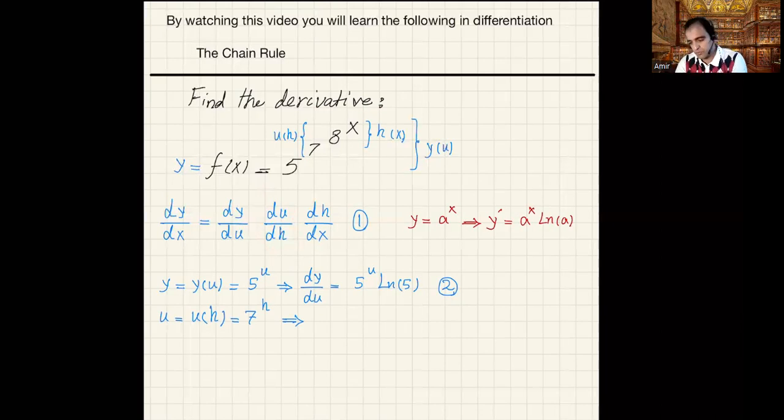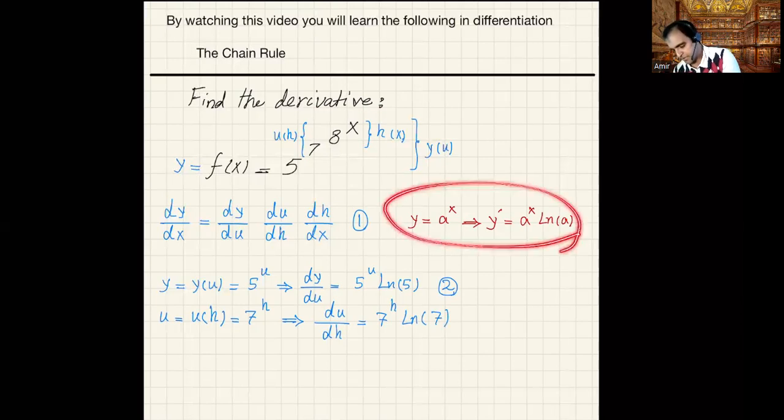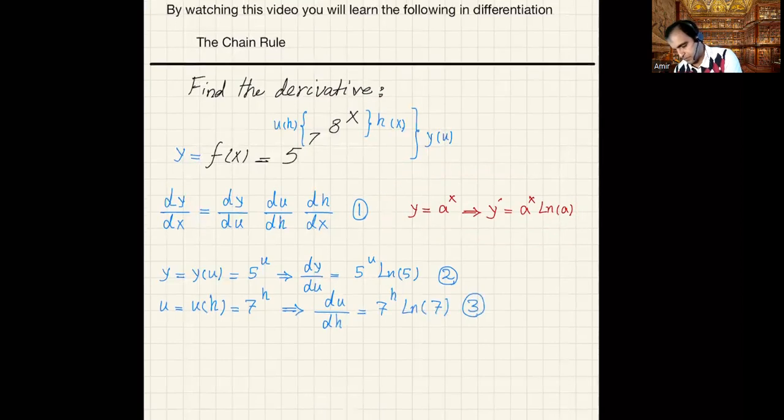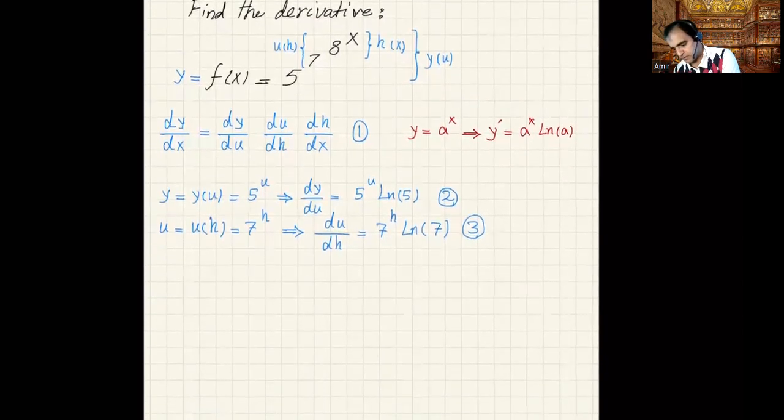The derivative of u in terms of h, du over dh, is going to be this one, as I use this relation. So I call this relation number 3. Let me scroll down a little bit. And then I'm going to look at this part.